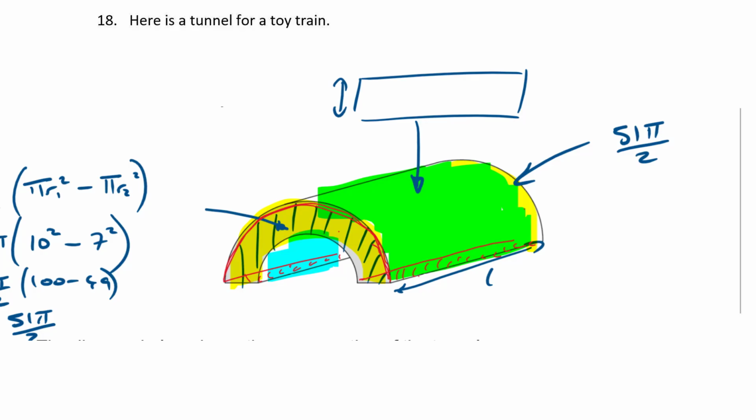So the bigger circle has got a radius of 10, which is a diameter of 20, so a circumference of 20 pi. So it's going to be pi times the diameter, and then we're going to halve it, aren't we? Pi times diameter over 2, which is 20 pi over 2, which is 10 pi. Yeah, and then the length of the tunnel was 30 centimeters.